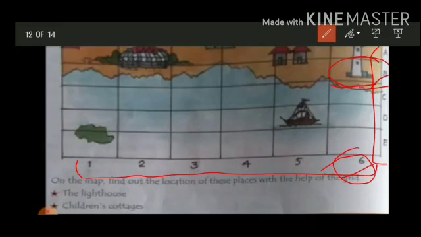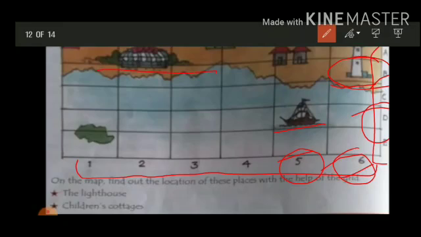Now next, the ship. What is the position of the ship? At first we have to give the vertical numbering, like D. This is situated in grid D, and then we come to the horizontal way, 5, then D5. The place of the ship is D5. Now please come to this cafeteria.